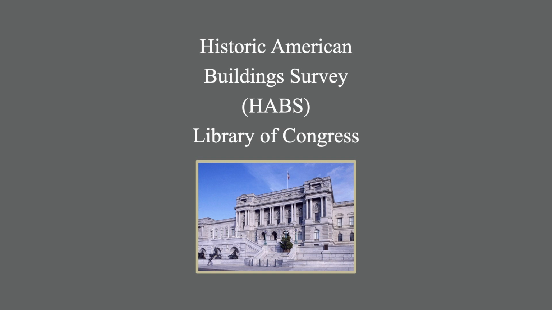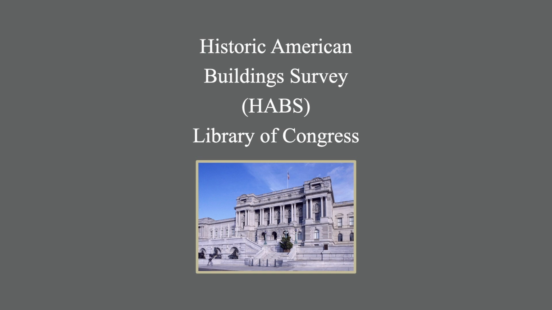Finally, a source often overlooked are the records of the Historic American Buildings Survey of the Library of Congress, commonly referred to as HABS. The program was established in 1933 with the goal to record the nation's historic buildings with measured drawings, photographs, and written text. The surveys now cover some 43,000 places, all of which are online.